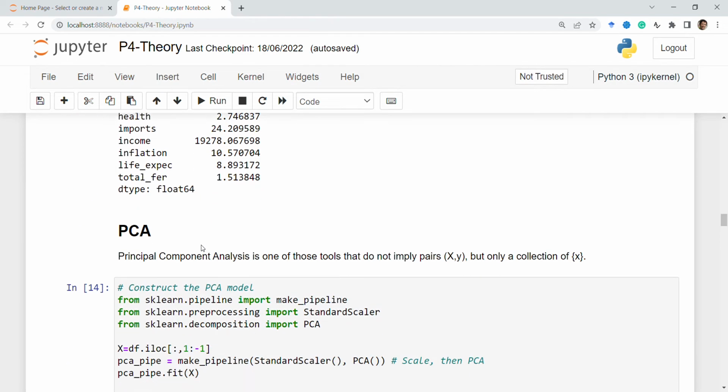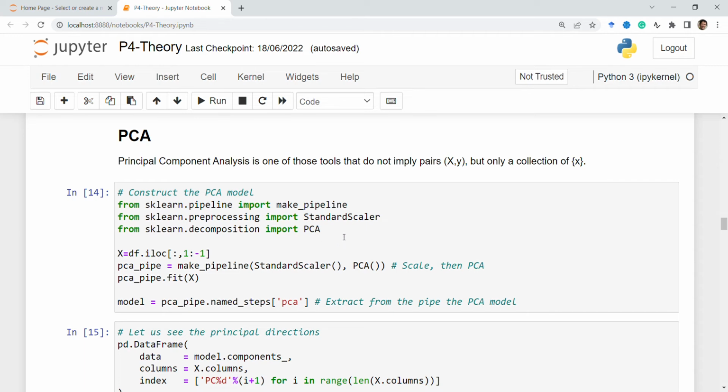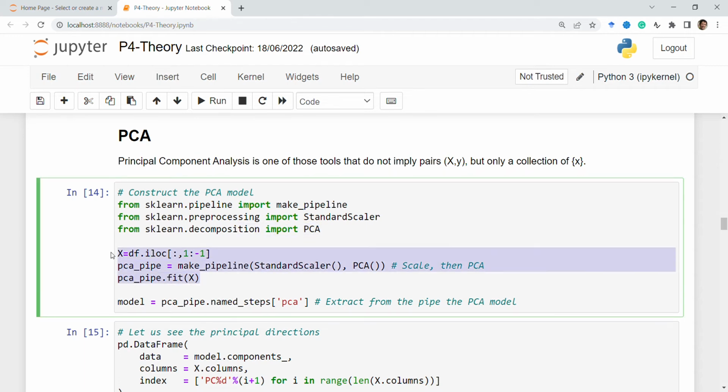Okay, so we will now do the PCA, and we import the necessary functions, and then this is the PCA. So this is taking the values that we need, and then what we are constructing is first a step that is scaling the variable.